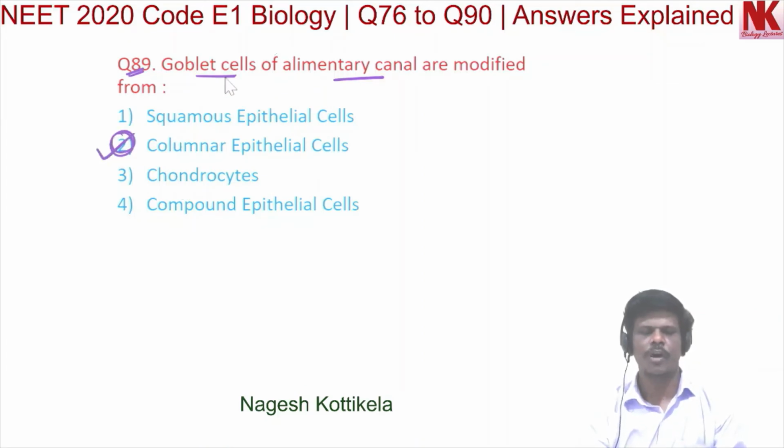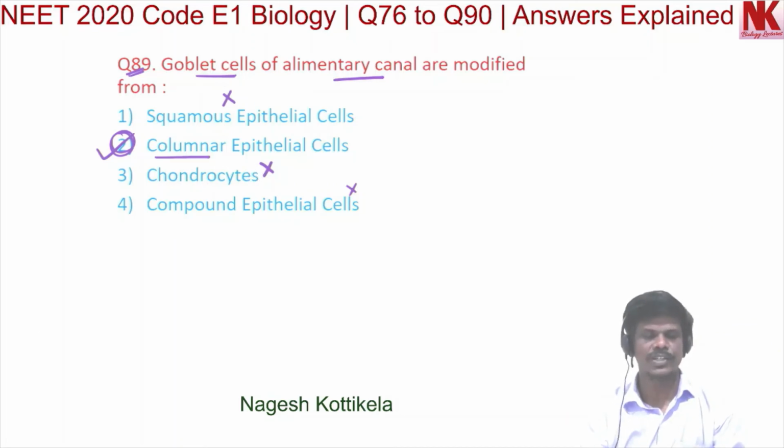Goblet cells of alimentary canal are modified from columnar epithelial cells. Squamous epithelium is wrong. Chondrocytes are the cartilage cells, so this is wrong. Compound epithelium is multi-layered, and this is wrong. More appropriate option is columnar epithelial cells, which are found in the alimentary canal, and they are modified to form goblet cells.